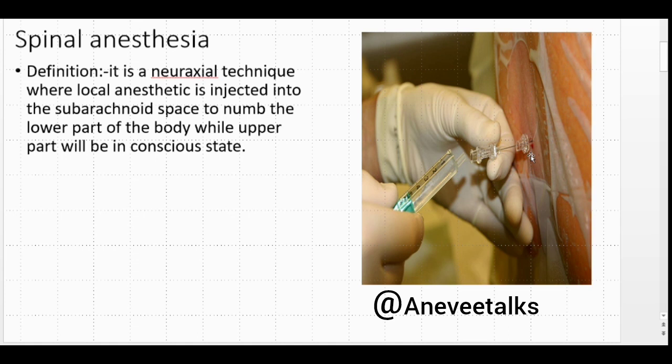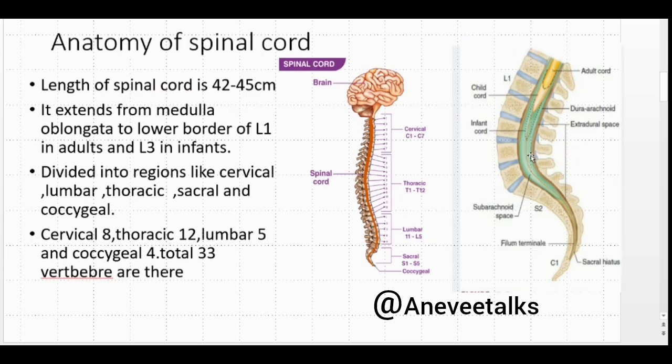At least a basic knowledge of what the spinal cord is, what sensory innervation is applied, how it is covered, and what the meninges are. So this first part is just a basic introduction to spinal anesthesia, that is the anatomy of the spinal cord and the vertebrae. Now we will move on to the next slide, the anatomy of the spinal cord.